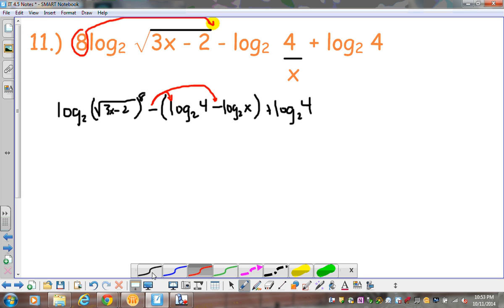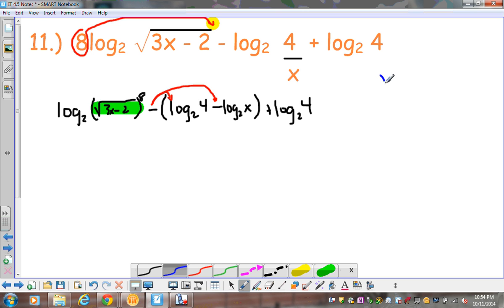Now, the other thing here, if you remember from a couple problems earlier, is that the square root of something is the same as raising it to the 1/2 power. I'm going to show you what that looks like over here, just a little sidebar.